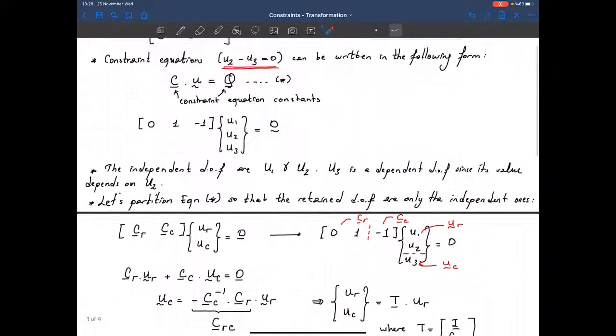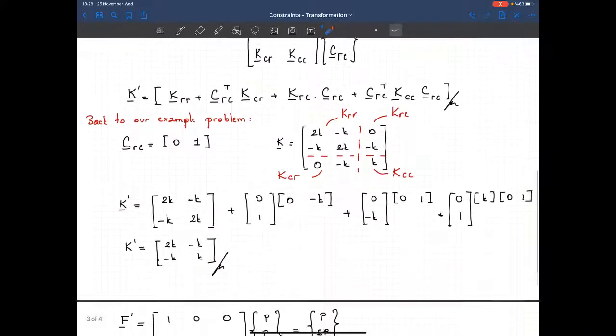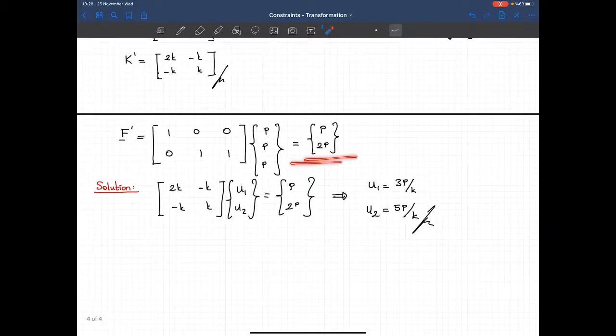So what we are doing here is, let's go back to that problem again. This is axially rigid, right? If this is axially rigid, it doesn't matter if I put the load in here or in here. So I got 2 degrees of freedom, the first and the second. The first P is applied to the first degree of freedom and 2P is applied to the second degree of freedom. So this force vector makes sense.